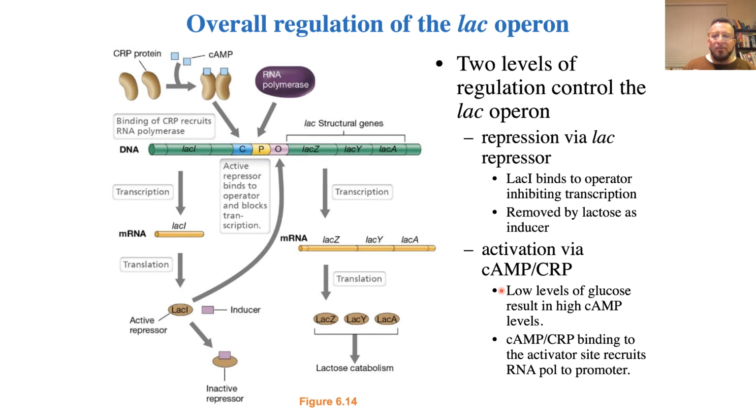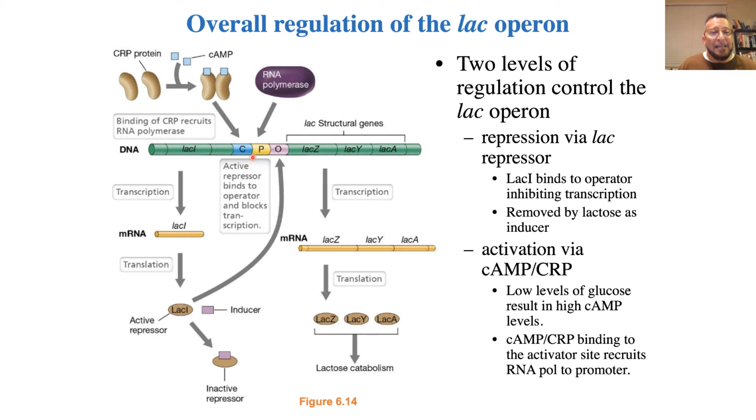The other part of it is going to be the activation of the cyclic AMP and CRP protein that is going to only bind to the CRP binding site when cyclic AMP is available, and cyclic AMP levels are high only when glucose is low.